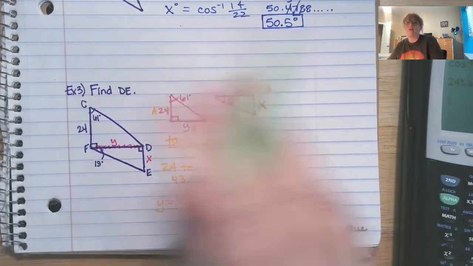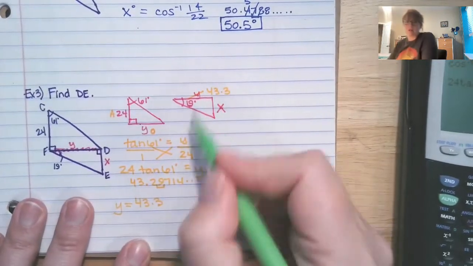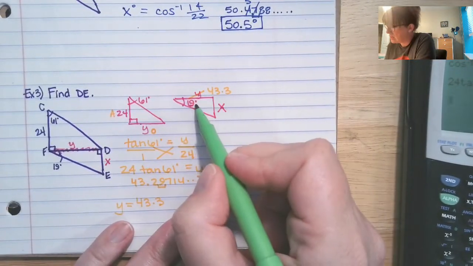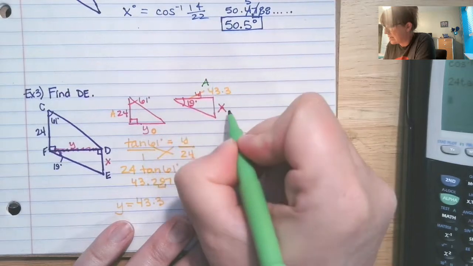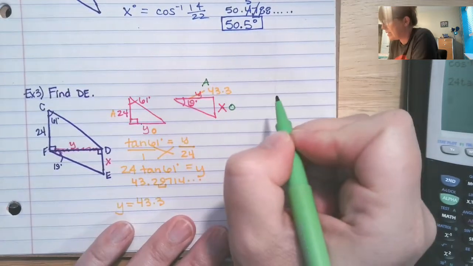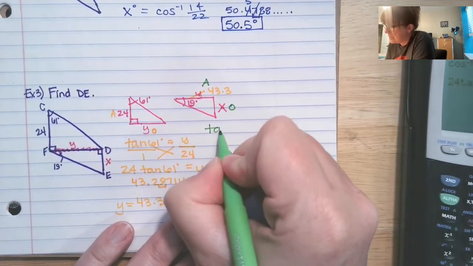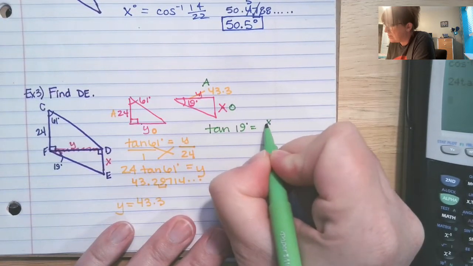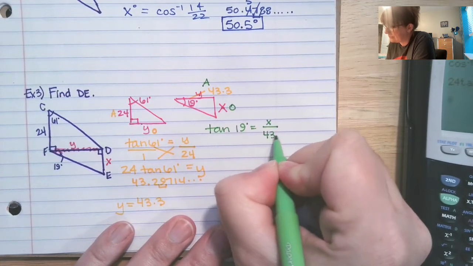So now we can take this triangle here and figure out the x finally. With 19 degrees, this would be our adjacent side and this would be our opposite side again, so we're going to do tan. So we get tan of 19 degrees equals opposite over adjacent.